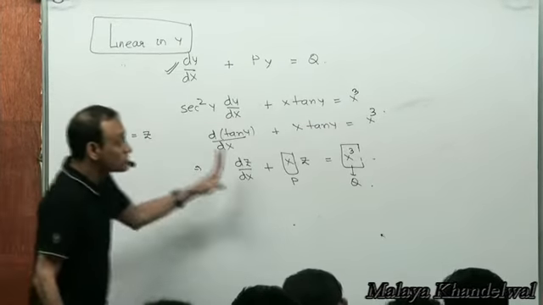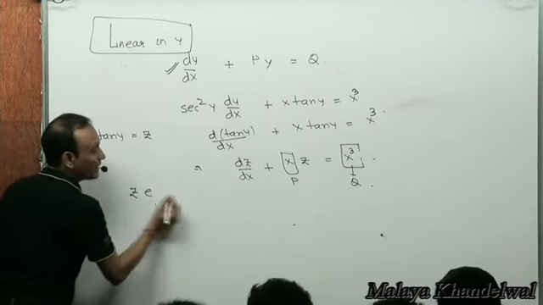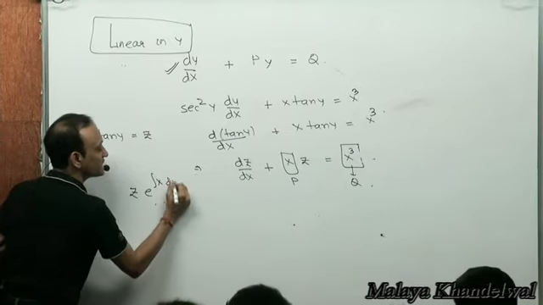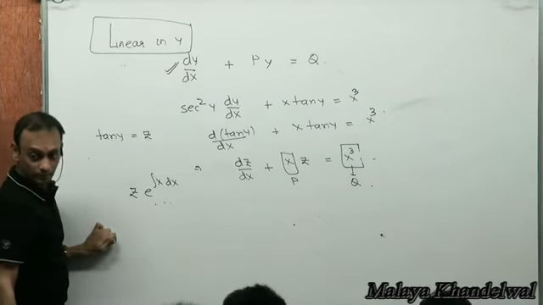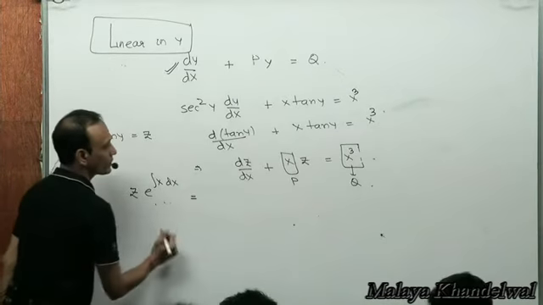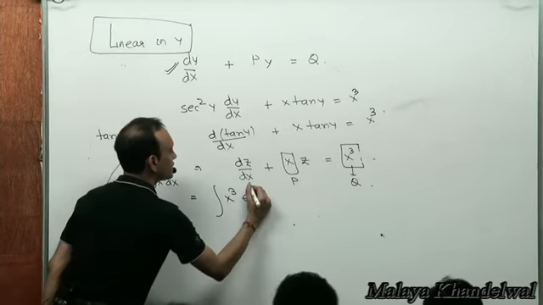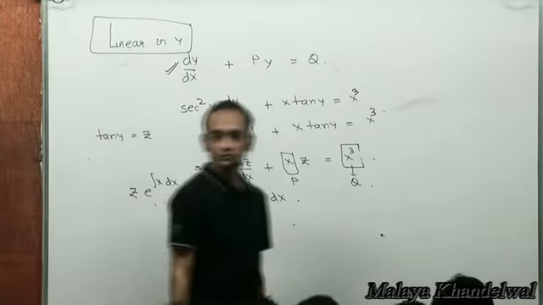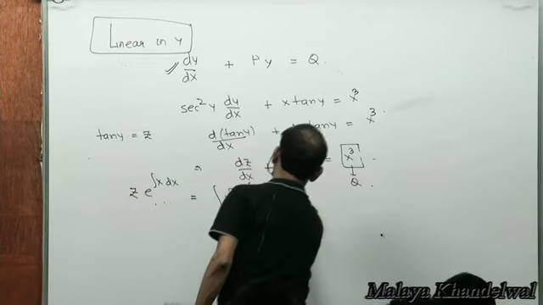Okay. Now the solution to this differential equation is going to be what? z e power integral p dx, integral x dx, equal to integral x cubed e power integral x dx dx.